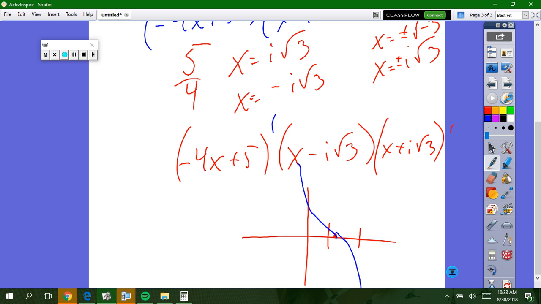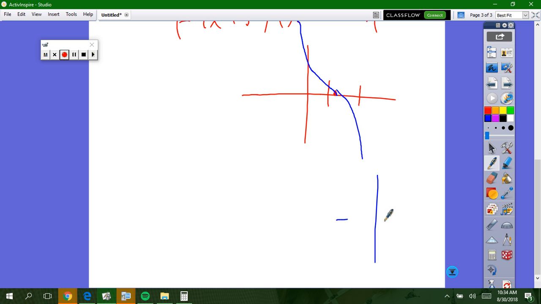Why would it not bounce? Odd multiplicity at that 0. But once again, they're not on the real number system, are they? I can't even graph this. Well, it could bounce somewhere down here, like this graph could look like this and still cross the 5/4, but I don't know that. Because once again, I'm just sketching with the end behavior.